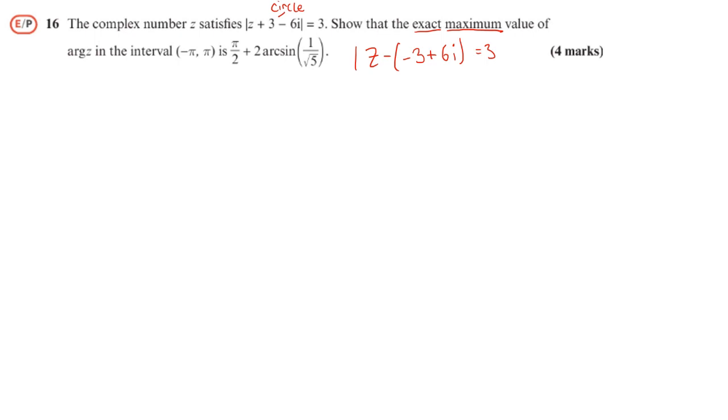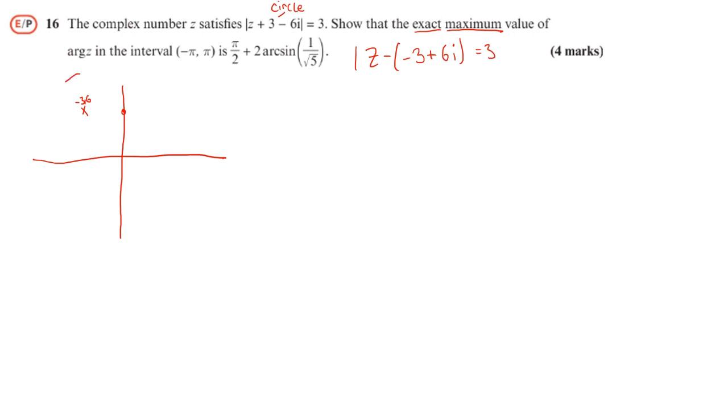So if I come over here and draw a diagram, the centre is going to be minus 3, 6, which is going to be here, and it's going to have a radius of 3, so it's going to hit this point here.